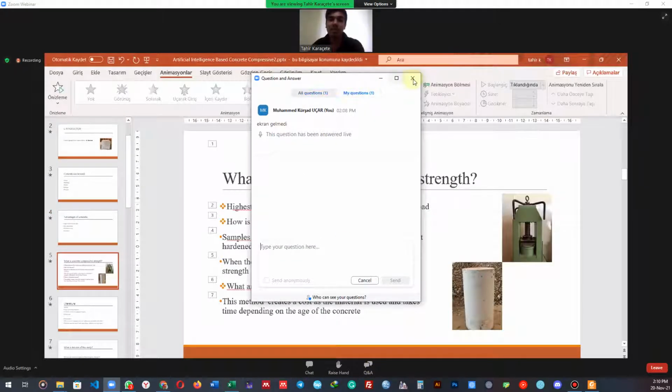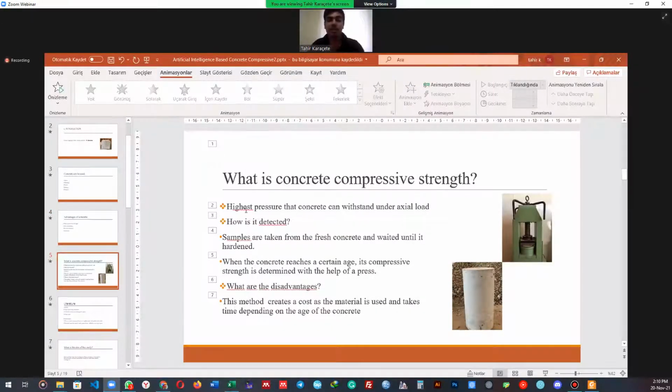What is the compressive strength? It is the highest pressure that concrete can withstand under actual load. How is it detected? In order to determine the compressive strength of concrete, samples are taken from fresh concrete and waited until they harden.